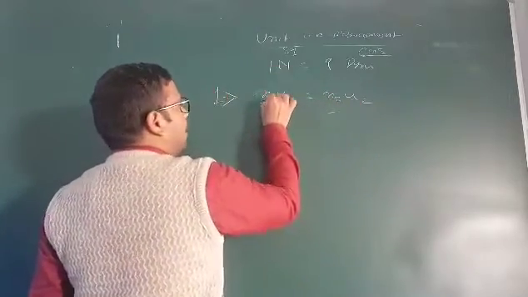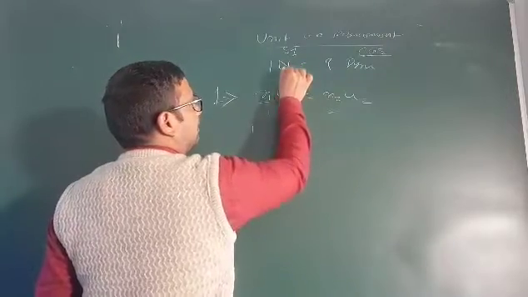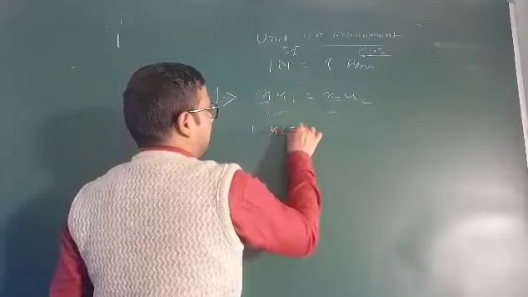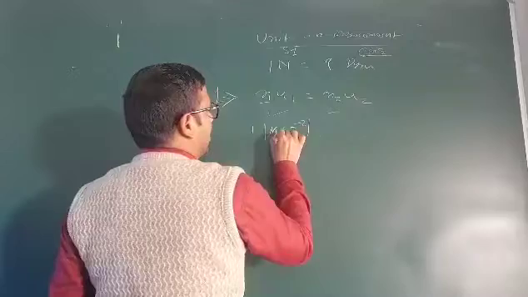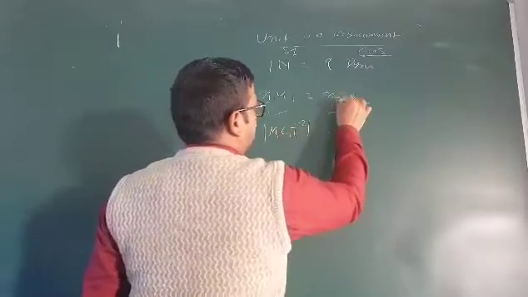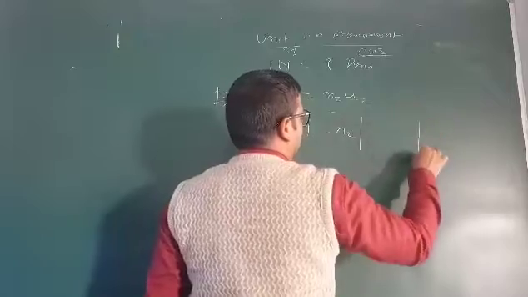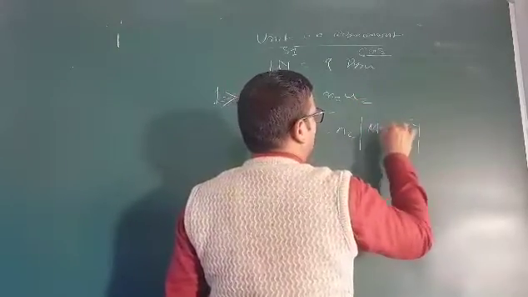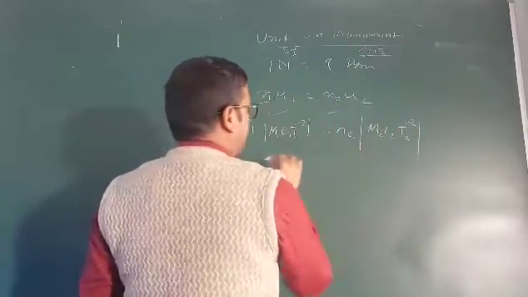How? The dimension of Newton is M L T^-2. Suppose that for the first system, the values are 1, 1, 1. You want the value of n2, and the dimension will be the same, M L T^-2, but suppose that for the second system this is 2, 2, 2. Now what is the value of n2?